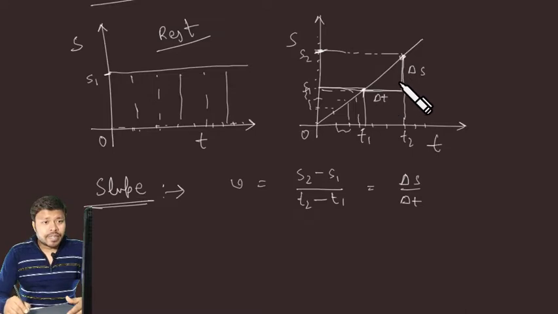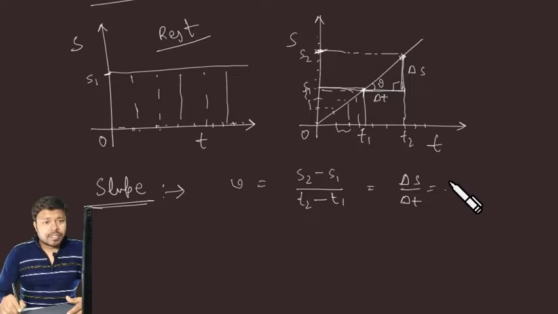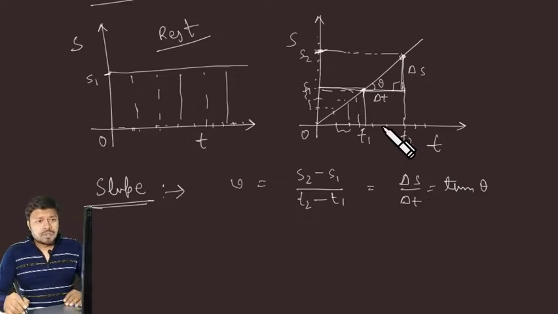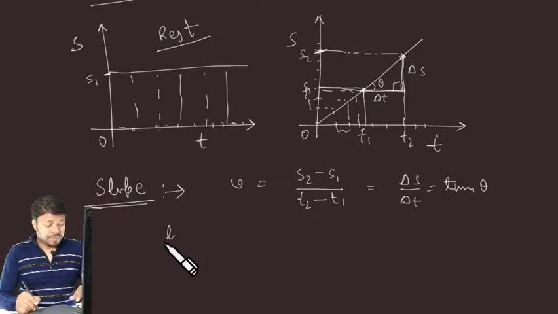This is a right angle triangle, right? If this angle is theta, then del S by del T is nothing but tan theta, right? So tan theta equals del S by del T, and this tan theta is called the slope. So slope is nothing but the tan of the angle of the graph with the x-axis.